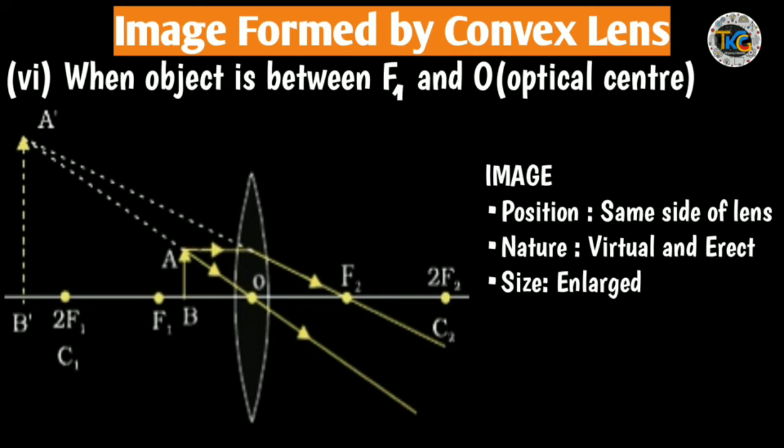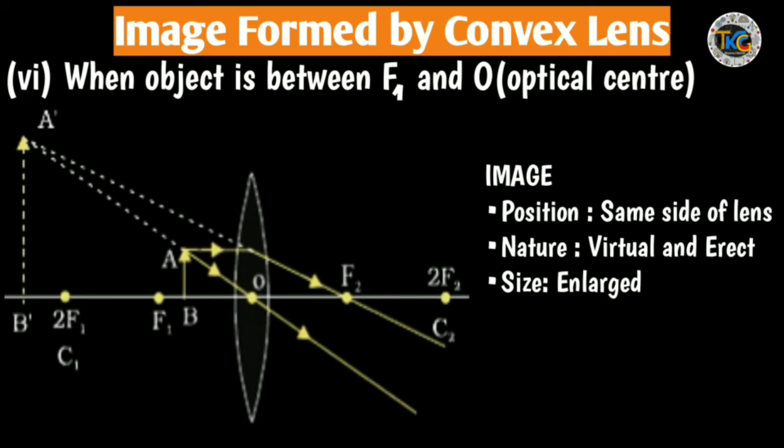And just see the figure here, the two rays are not parallel, they look like diverging, they never meet on that side. So where will the image be formed? If we draw these two rays in the backward direction, just see the figure, they meet at point A dash.